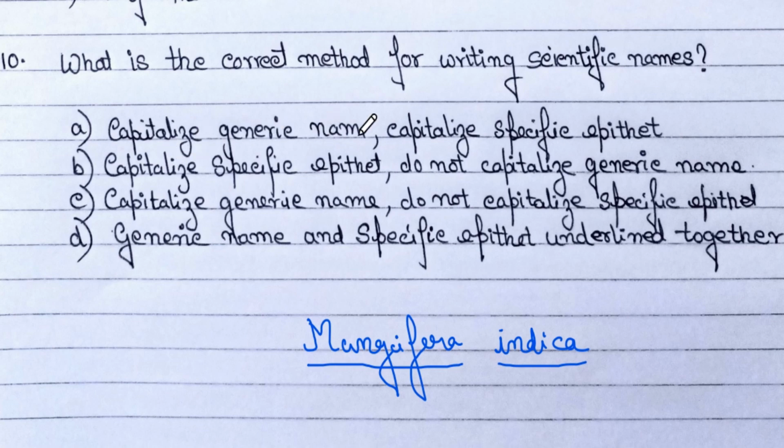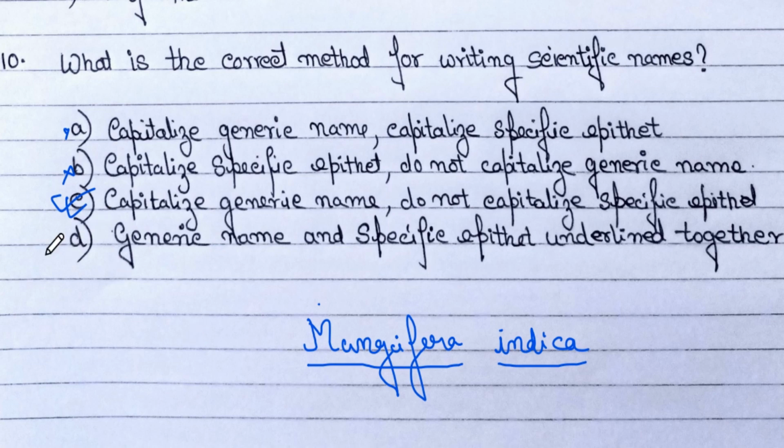So, capitalize generic name, capitalize specific epithet. Okay, generic name is capitalized here. But is the specific epithet? No. That means this option is wrong. Then, capitalize specific epithet, do not capitalize generic name. Here we can see that generic name is already capitalized. That means this is no. Then, capitalize generic name, do not capitalize specific epithet. Yes, this is the correct answer.